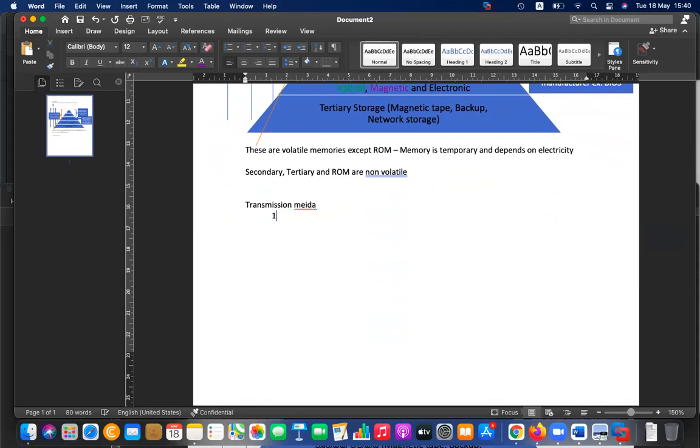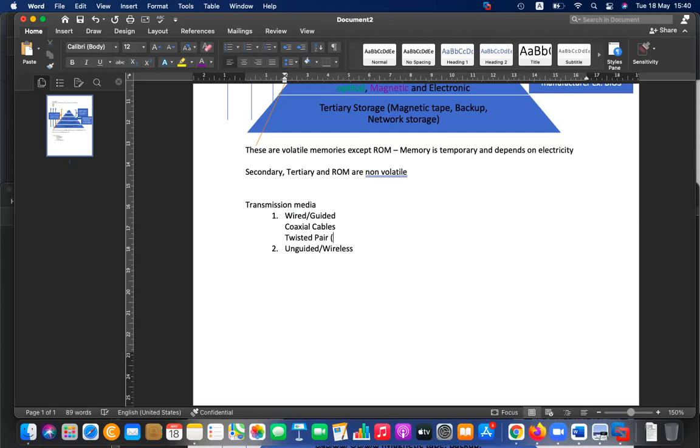So you have 2 kinds. First one, transmission media can be wired or guided, or it can be unguided wireless. Wired media, you can say coaxial cables, twisted pair.